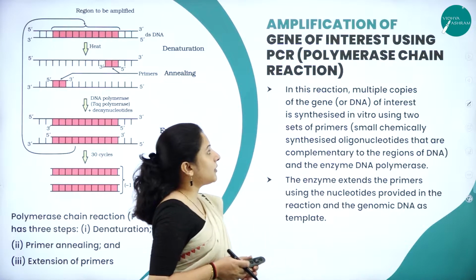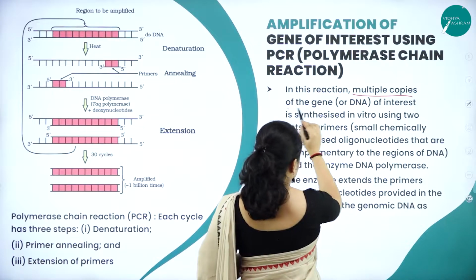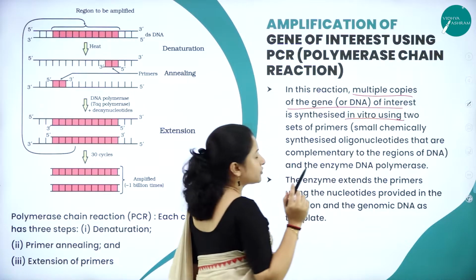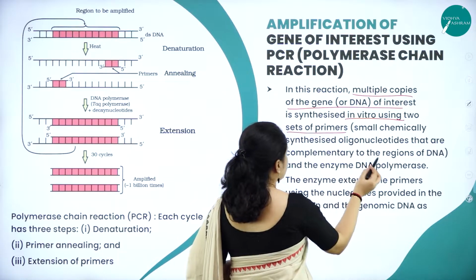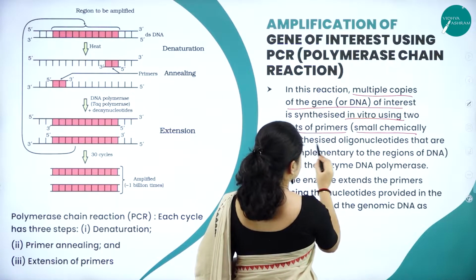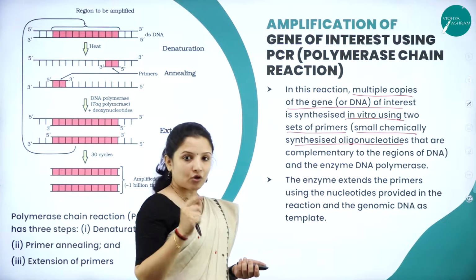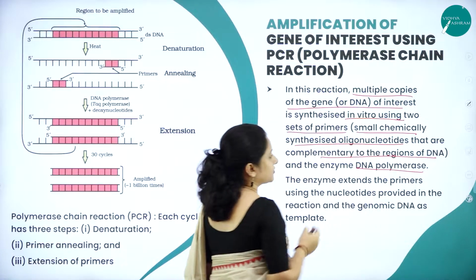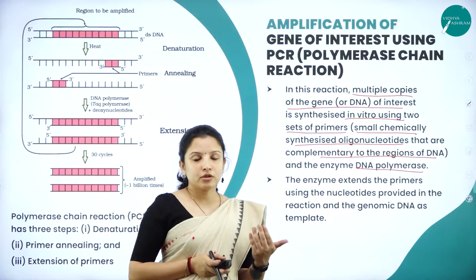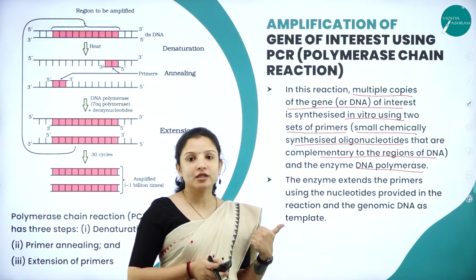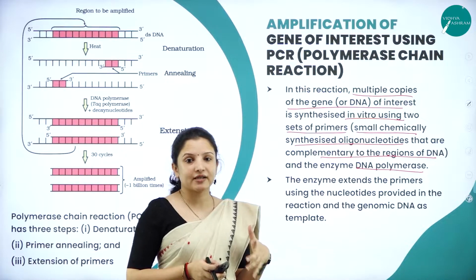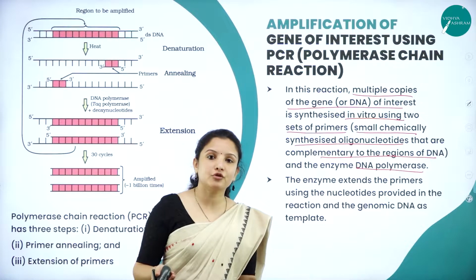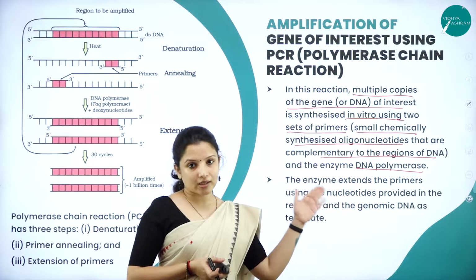So in this reaction, multiple copies of the gene or the DNA of our interest are synthesized in the laboratory using 2 sets of primers, which are small chemically synthesized oligonucleotides complementary to regions of the DNA, and the enzyme DNA polymerase. All this will be used. How the copies are produced, we learnt in molecular basis of inheritance, how the strands get separated and the daughter DNA strands get formed to produce copies of the DNA strand. The same procedure occurs here as well.